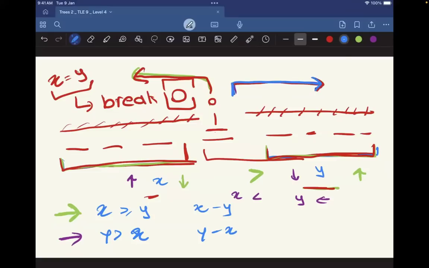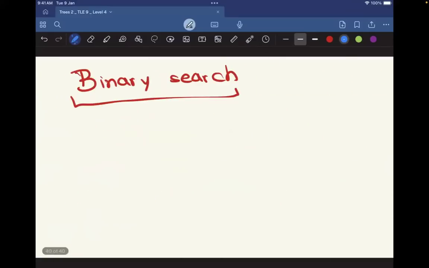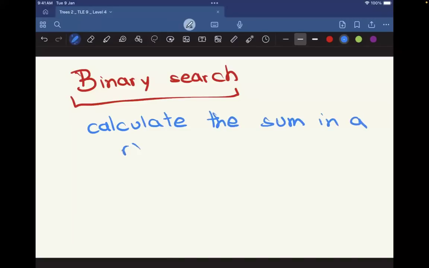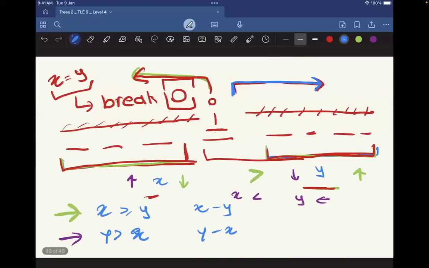Okay. So we can do binary search over this. Now, the only thing we need to calculate, do you agree? We need to somehow find a way to calculate the sum in a range. Yes or no? So guys, if I have my mid, and mid is not the index, mid is, let's say, the value.